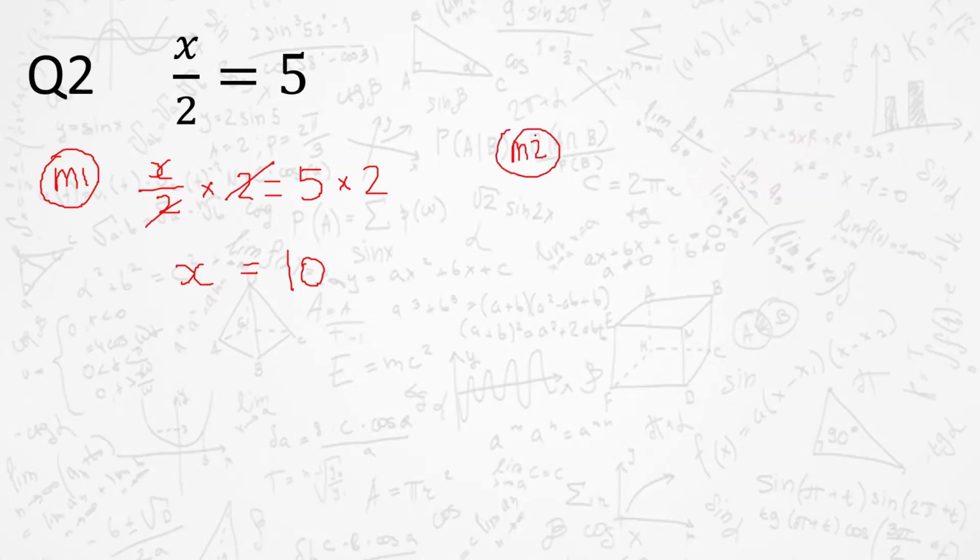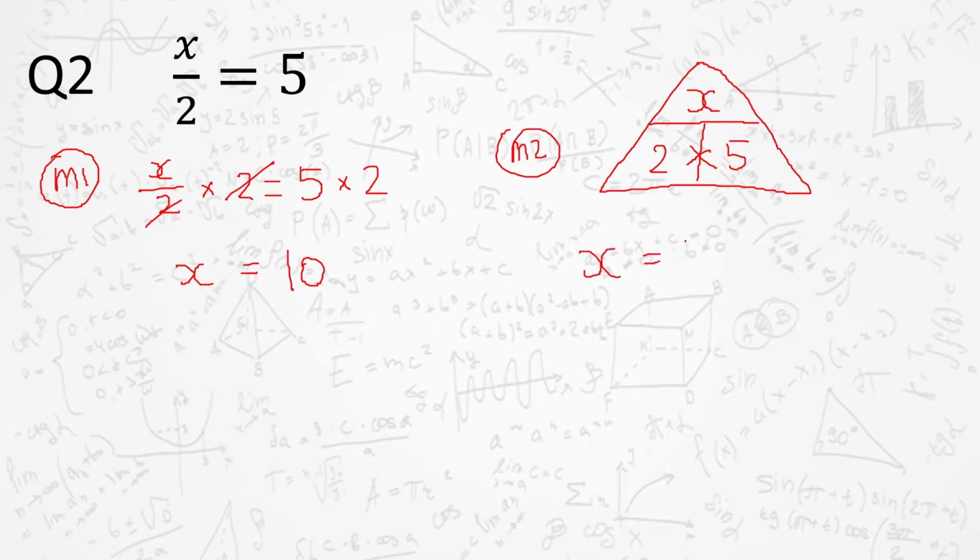Method 2, triangle method. The number on top of the fraction goes to the top of my triangle, and then I have 2 and 5. That's my multiply, so x equals 2 times 5, which is 10.